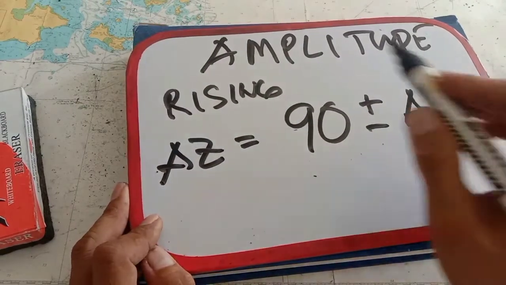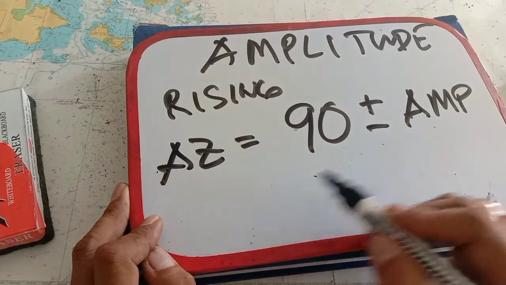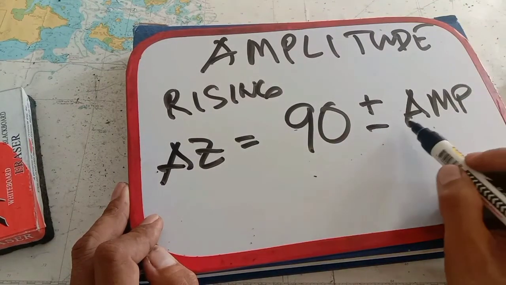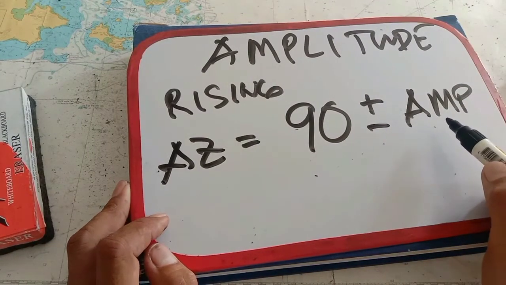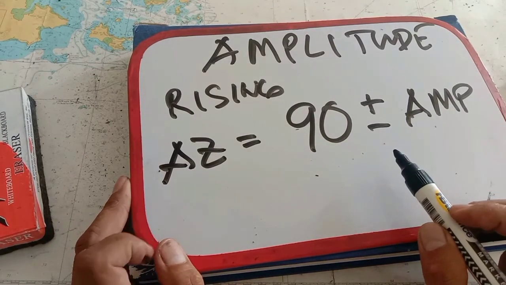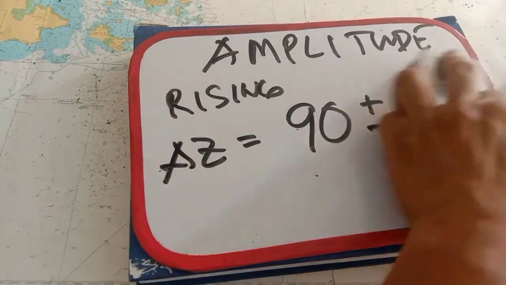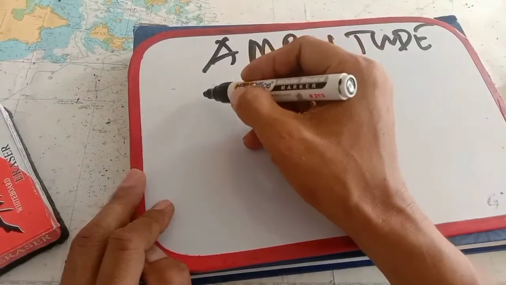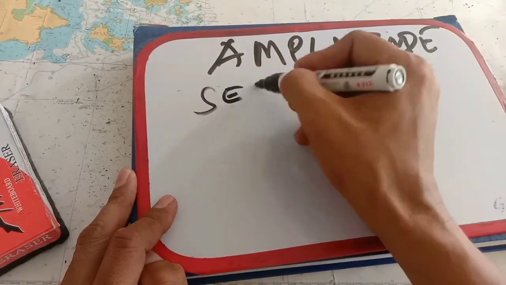Remember, in rising, you should subtract if the amplitude is north, and you should add if the amplitude is south. So opposite in setting.